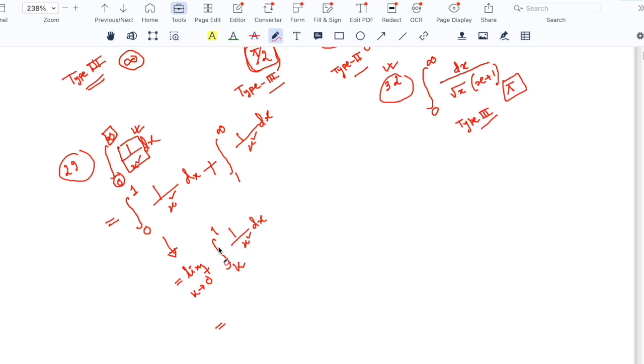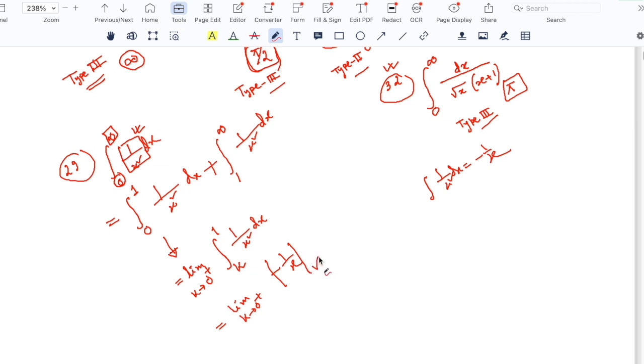Now we know the integration of 1 by x square is equal to minus 1 by x. So I can put here limit k tends to 0 plus of minus 1 by x from k to 1.